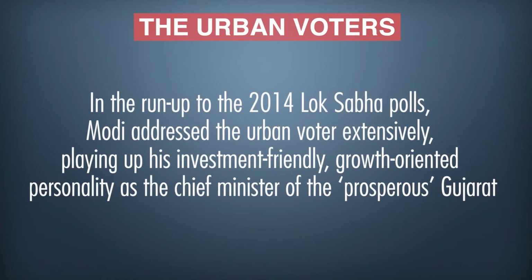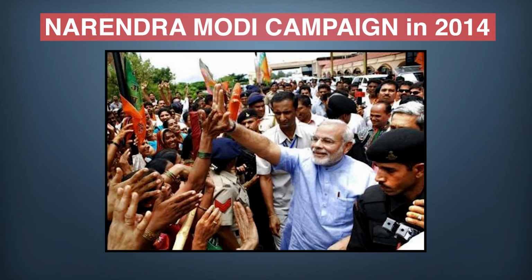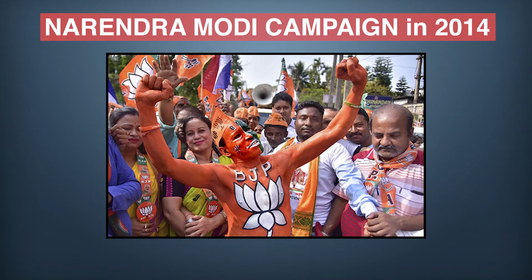In the 2014 Lok Sabha elections, the campaign centered around the urban voters. The main prime ministerial candidate of the BJP, Narendra Modi, addressed the urban voters extensively, playing up his investment-friendly, growth-oriented personality as the chief minister of the prosperous Gujarat state.